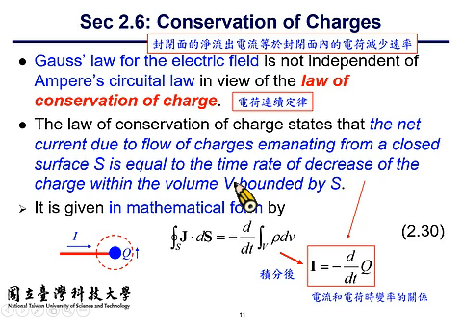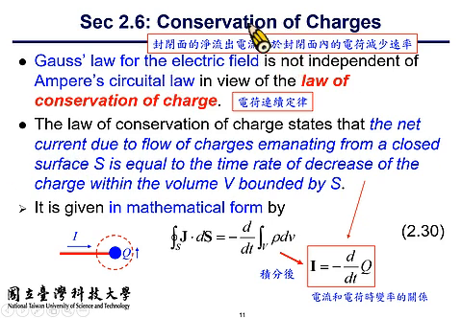In the differential form, this equation is referred to as the continuity equation. This relationship provides a bridge linking the four Maxwell equations. Because of the existence of this equation, you can easily integrate the four Maxwell equations into a dependent system, all right?